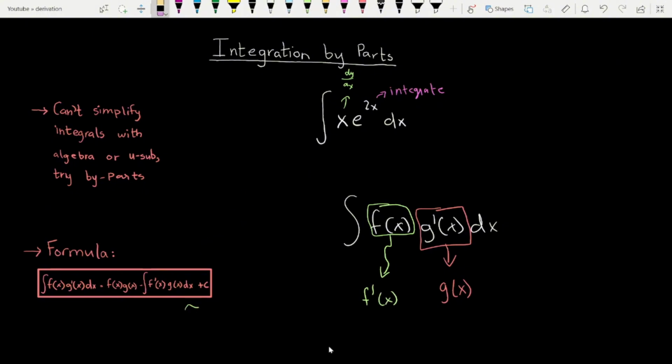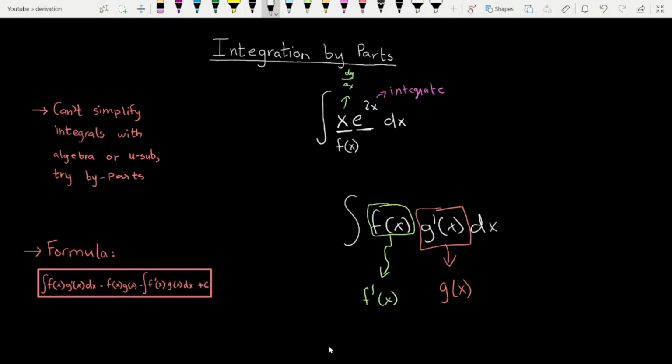Looking at our integral, what is going to be f of x and what is going to be g prime of x? Well, what am I differentiating? I'm differentiating the x. So that is just going to be f of x, okay? And then when I differentiate it, it's going to become f prime of x.